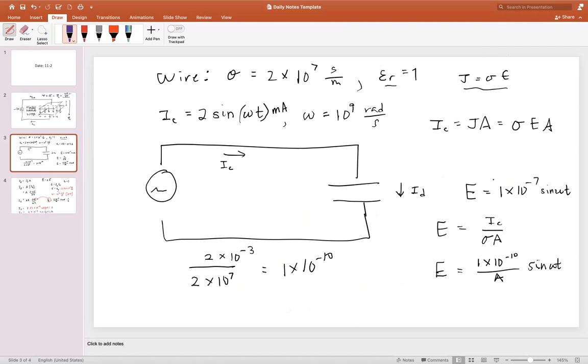But there are a few things that we could think about. So let's see. If this number becomes smaller, so if the conductivity goes down, what happens to the electric field? What happens to this amplitude?